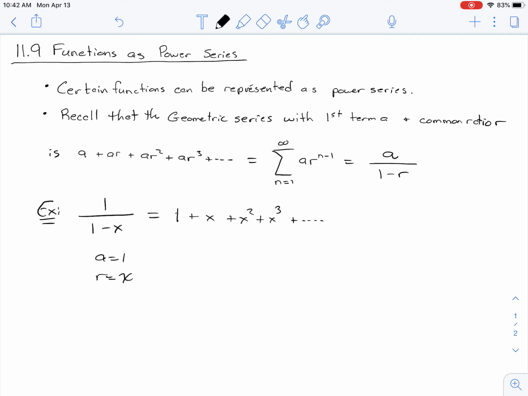If I want to write that using sigma notation, I'm just going to copy from this right here. A is 1, r is x, n equals 1 to infinity. So you get the sum of x to the n minus 1, n going from 1 to infinity. Now you could rewrite this as the sum of x to the n going from 0 to infinity. That also works.